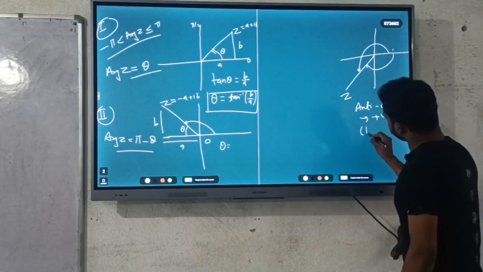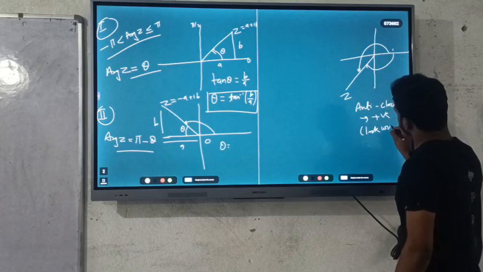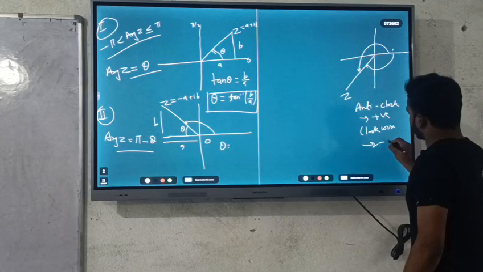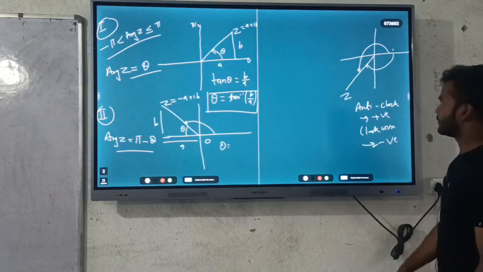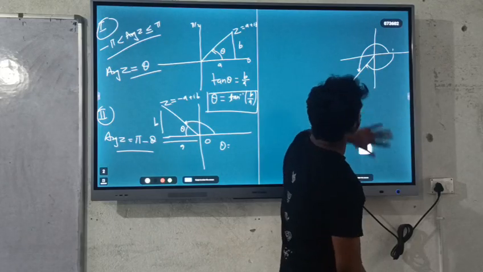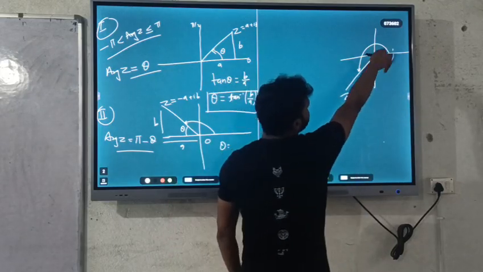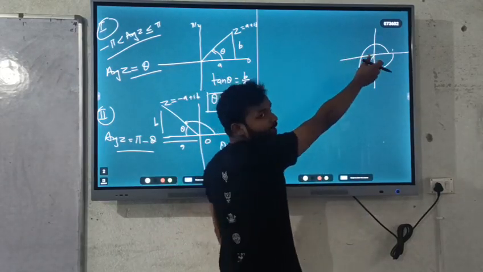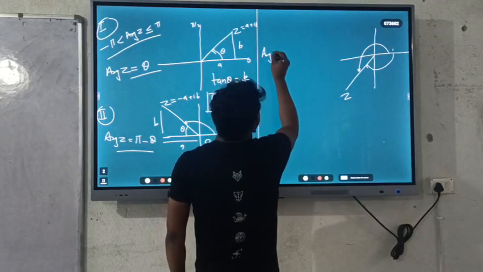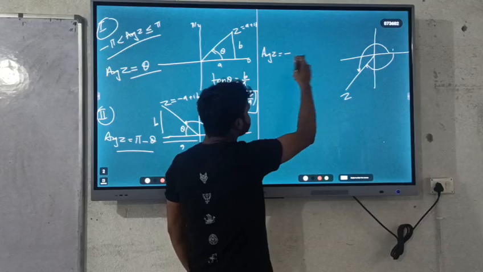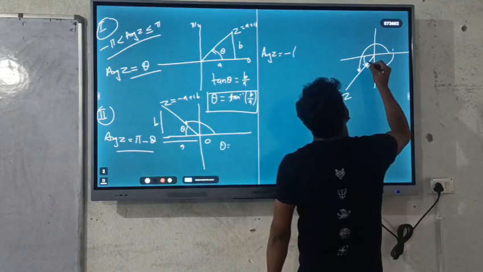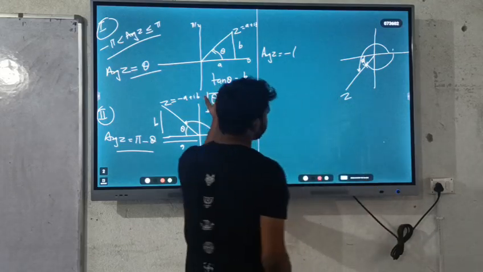But if we measure in the clockwise direction, that is this direction, then we measure it as negative. So in this case, we take the angle in the clockwise direction, so we take the angle as negative. To measure the argument of z clockwise, we take a negative sign. At first we measure this angle theta by the same concept.